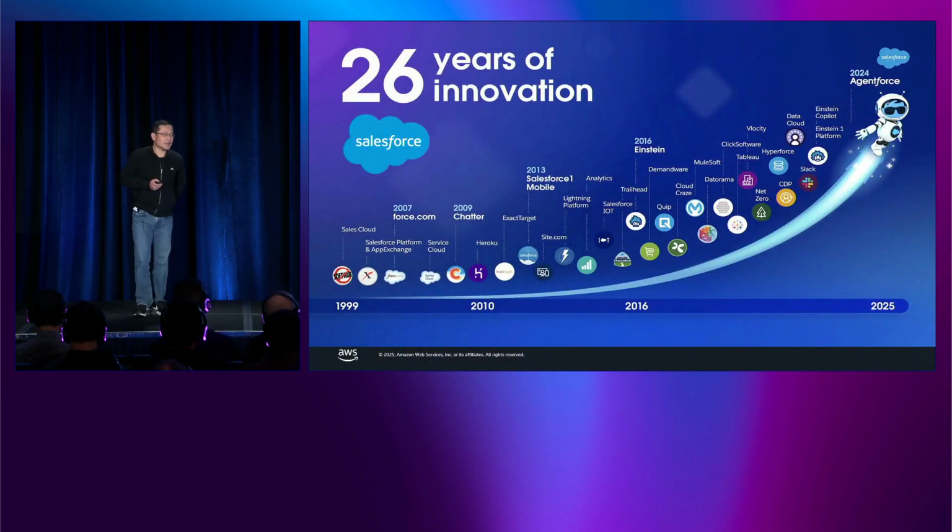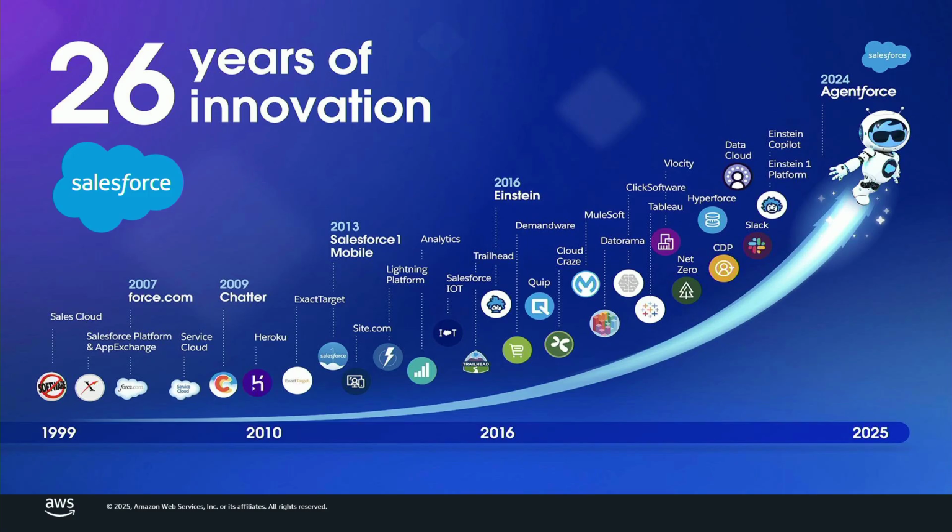So first, I'd like to tell you briefly what Salesforce is. Salesforce is the largest CRM company in the world. We were founded in 1999. And since the beginning, our mission is to innovate and reinvent how businesses manage their customer relationships.